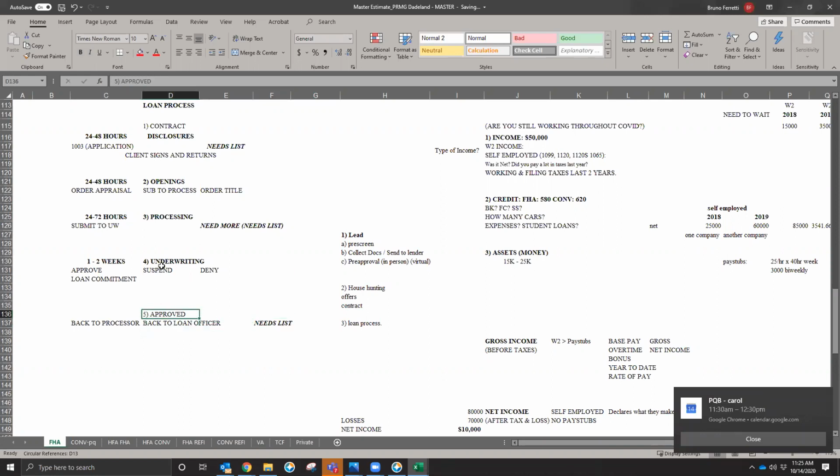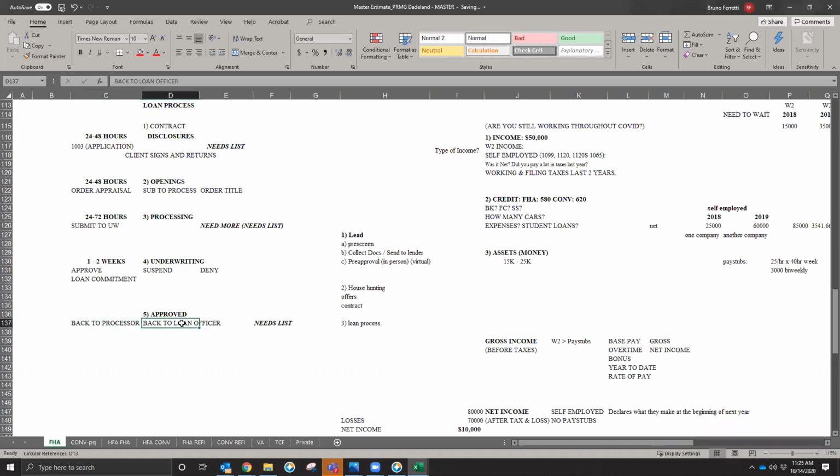So once we get the approval from the underwriter, it goes back to the processor, back to the loan officer. We reach out to the client and tell them, hey, congratulations, everybody. Here's a loan commitment. We're approved. Client, I need A, B, C, D from you in order for us to close this.